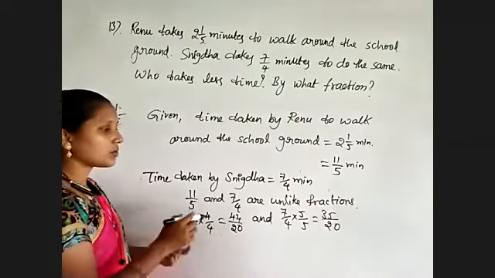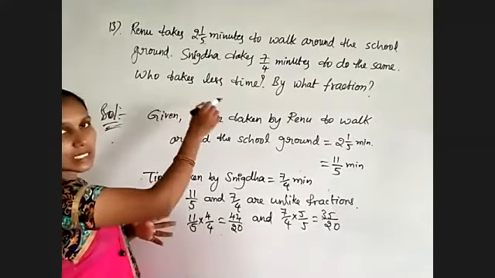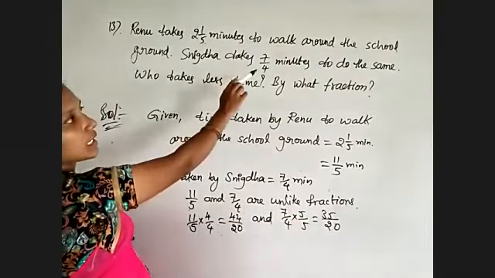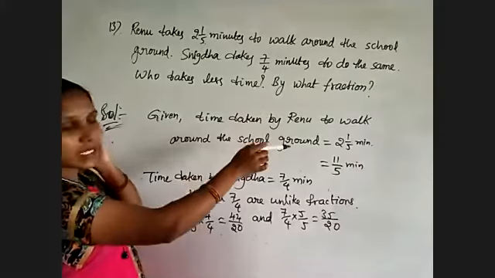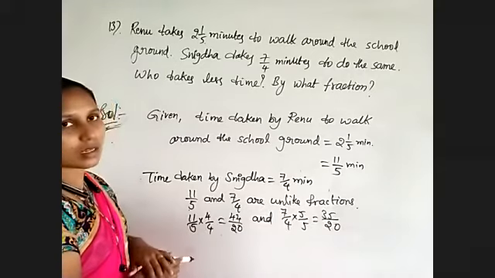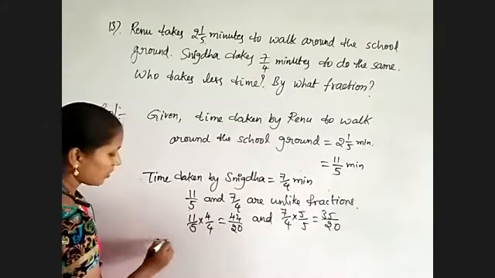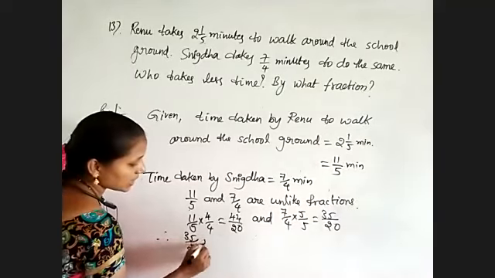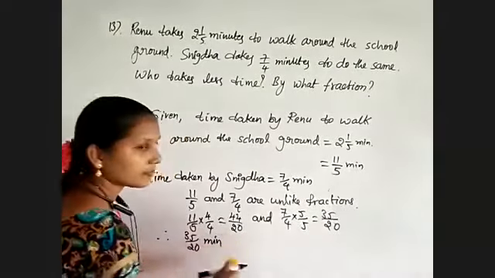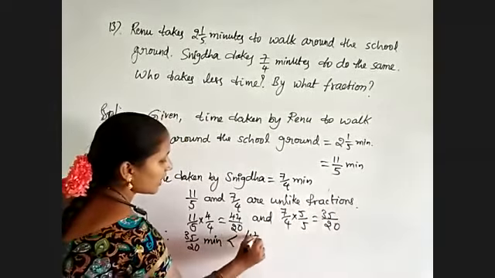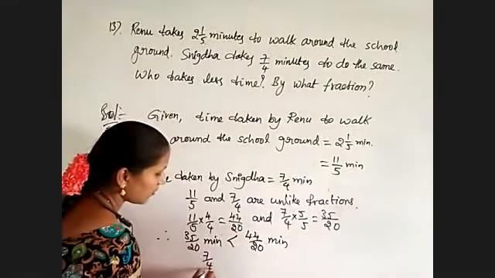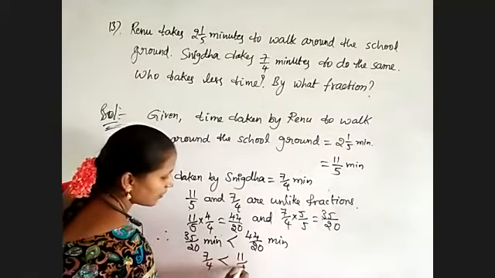Now it is very easy to compare. Who is taking less? They are asking less time. So the second person, 35/20, is the lesser number. That means Snigdha takes less time. By how much? Means 44 minus 35, 9/20 minutes. Therefore 35/20 minutes is lesser than 44/20 minutes. So 35/20, which is nothing but 7/4, is less than 11/5.